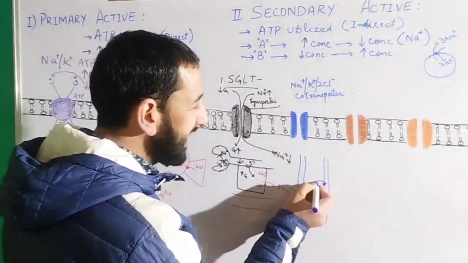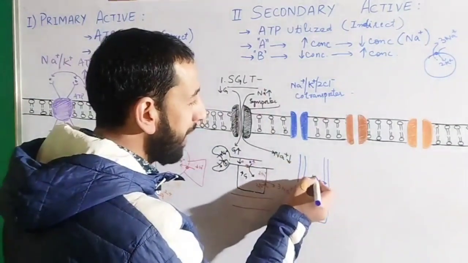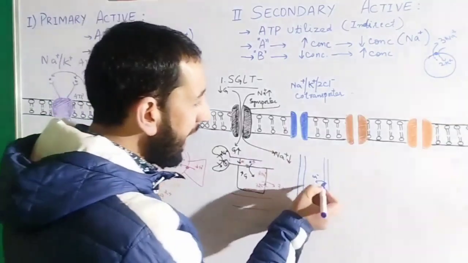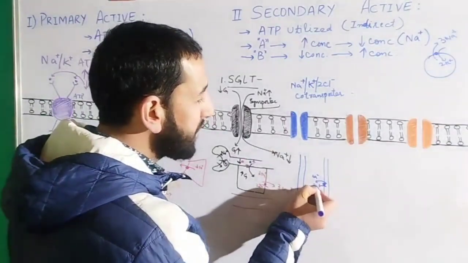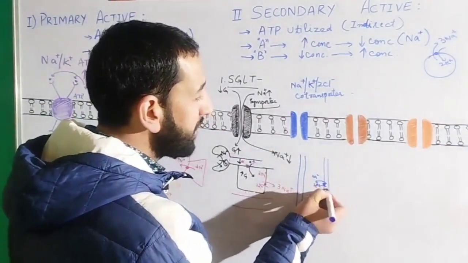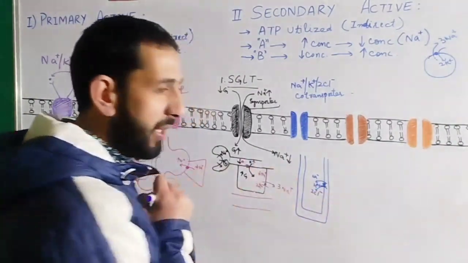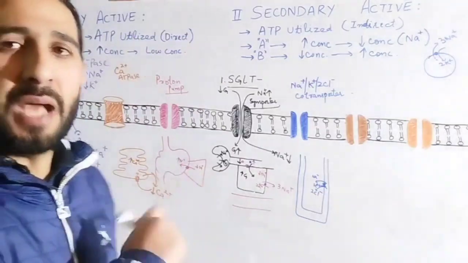What it does is it sends one sodium ion out into the interstitial fluid outside the cell, one potassium ion outside the cell, and also 2 chloride ions outside the cell. All these are being sent outside the cell.